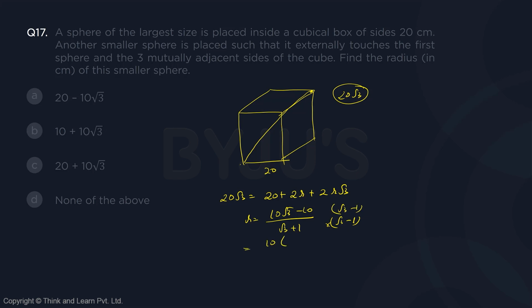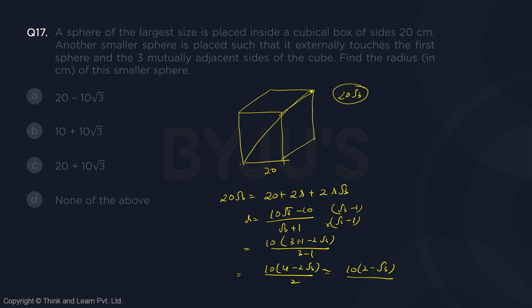That gives you 10 into (root 3 minus 1) whole square, that is 3 plus 1 minus 2 root 3, upon 3 minus 1. That will be cancelled out, so 10 into (4 minus 2 root 3) over 2, or nothing but 10 into (2 minus root 3), or 20 minus 10 root 3, which is option A.